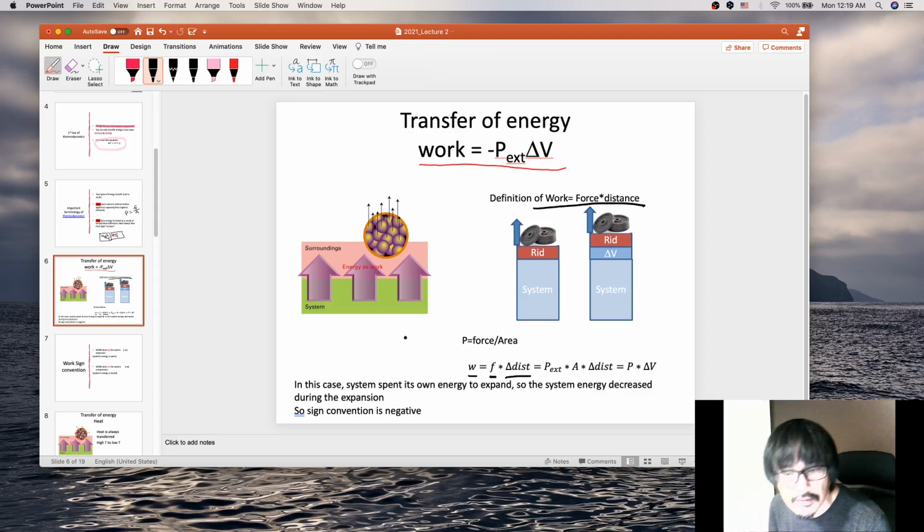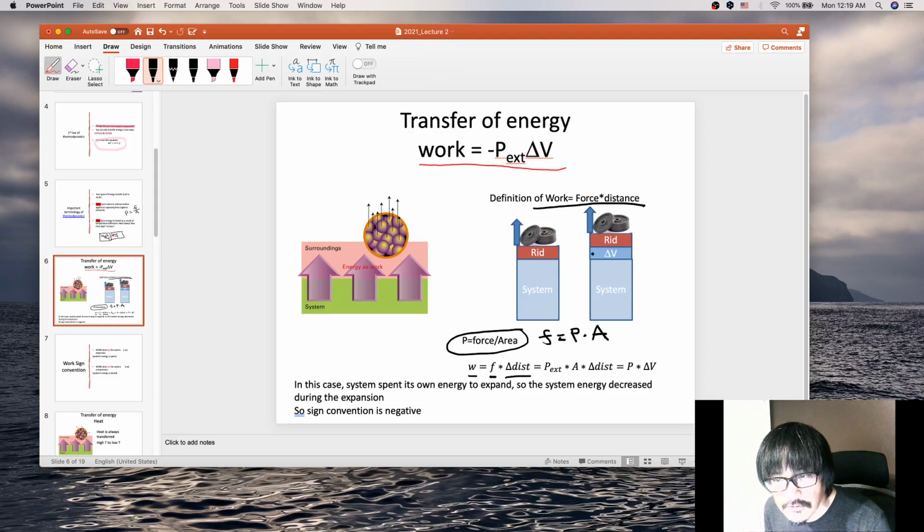But force is related to pressure by this equation: force is equal to pressure multiplied by area. So I'm going to replace this force by the external pressure multiplied by the area, and distance stays the same.